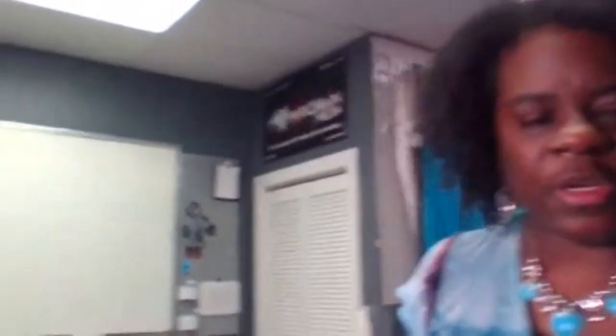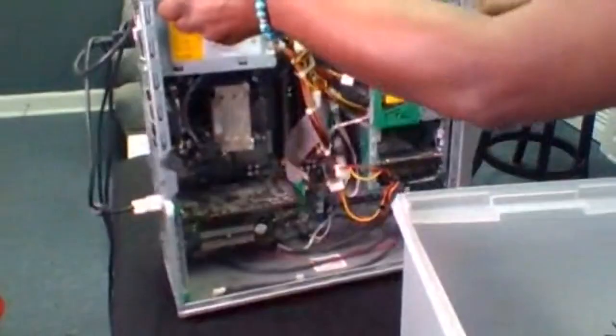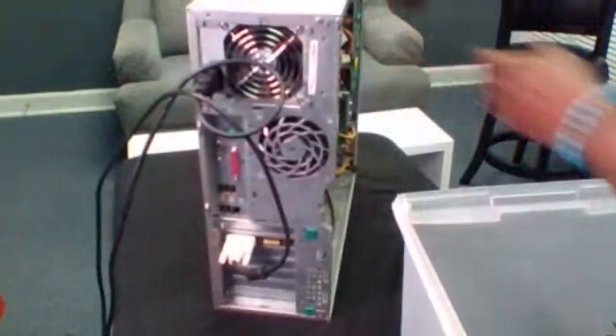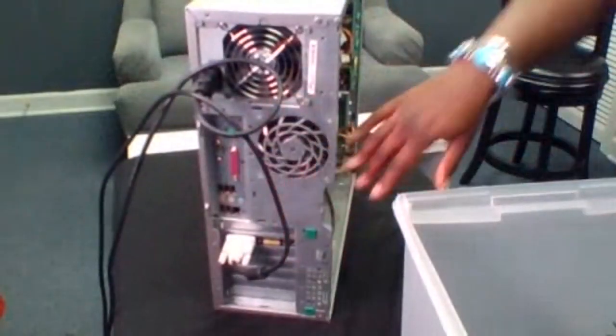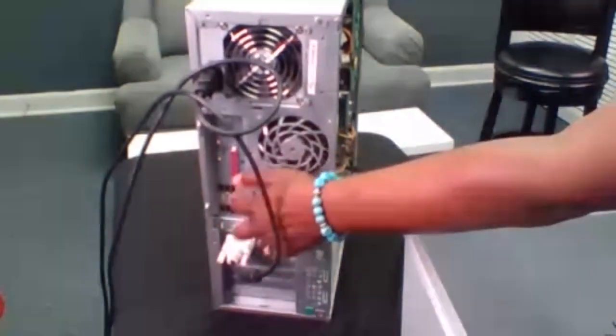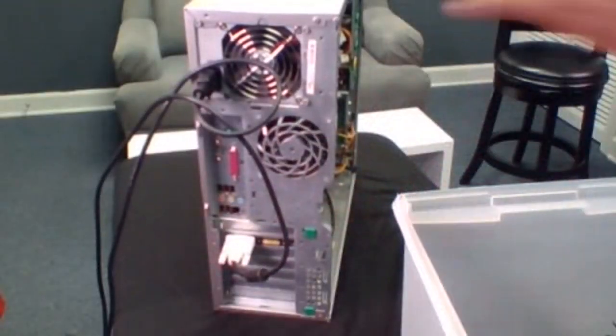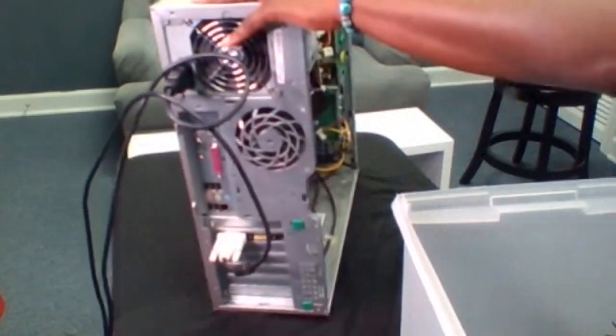Same thing on my computer here. Okay, so this again is the motherboard. If I turn it, you can see this is the back where everything gets plugged into. So these things plug into here, the part that we normally see where you plug something into the back. Again, laptop, desktop, same thing, just smaller.